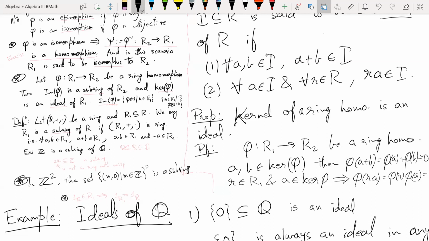Let's give this a name, maybe R1. Then note that 1 of R1 is not equal to (1,1), which is 1 of Z square. But if 1 of R belongs to R1, then 1 of R1 equals it.